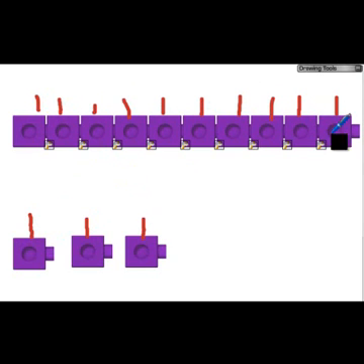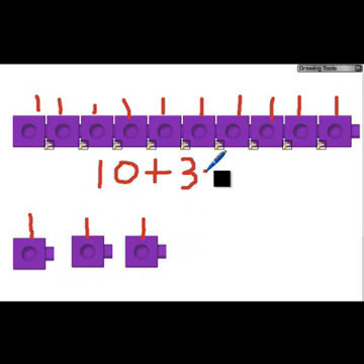So by grouping, we group this into 10 plus the 3 down here, 1, 2, 3. 10 plus 3 equals 13. So getting groups of 10 makes it really easy for us.